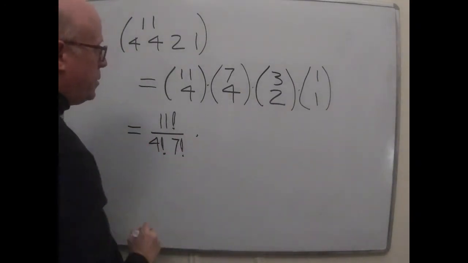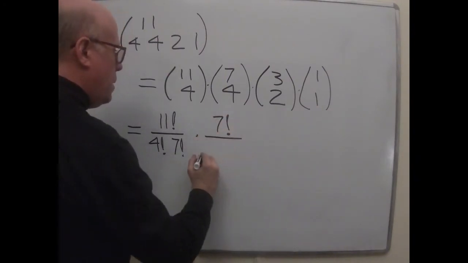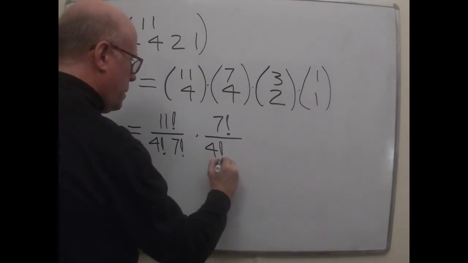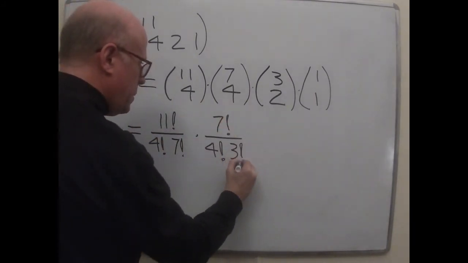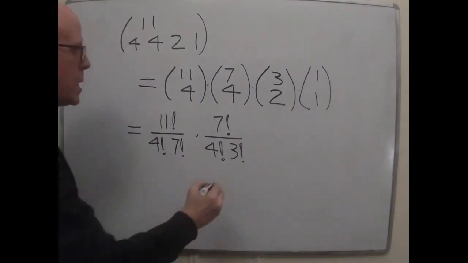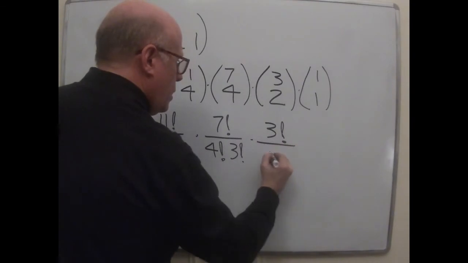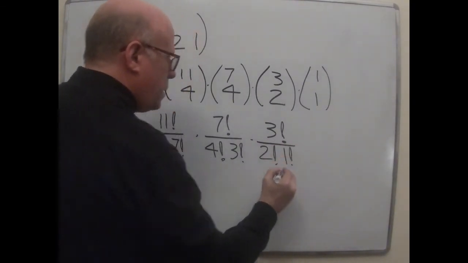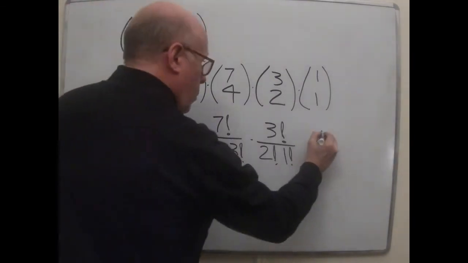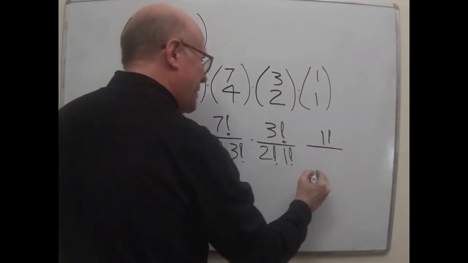The next one, 7 choose 4, that's got 7 factorial upstairs, 4 factorial downstairs, and the difference between 7 and 4, which is 3 factorial. And 3 choose 2, that's 3 factorial over 2 factorial and 1 factorial. And finally, 1 factorial over 1 factorial and 0 factorial.